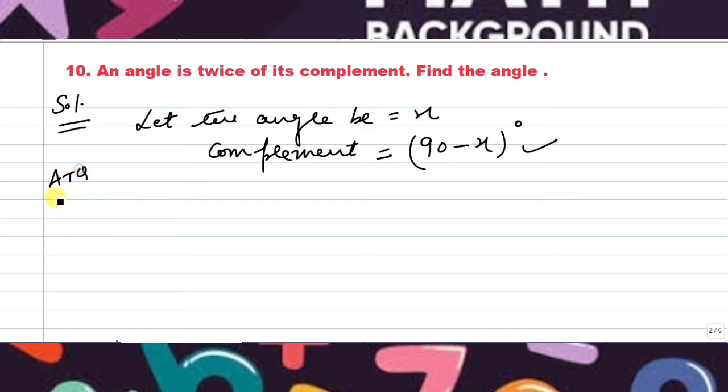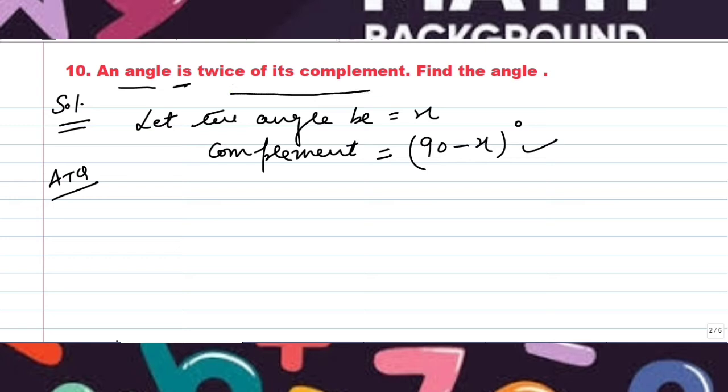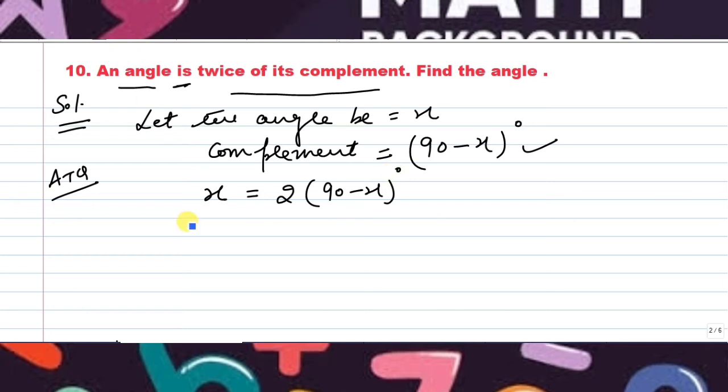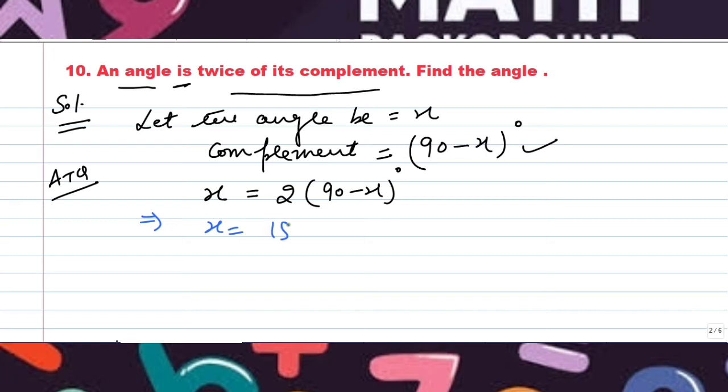Now what does the question suggest? Question says an angle is twice of its complement. Angle was x, it is twice of its complement. So here you can see accordingly I have framed the equation. Now you have to solve it. x equals 2 into 90, 180 minus 2x.